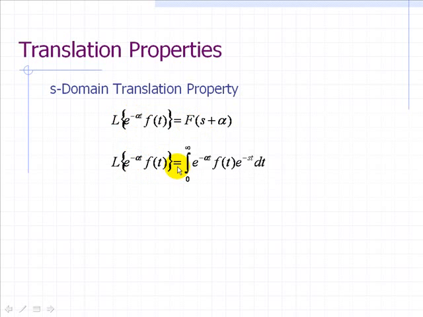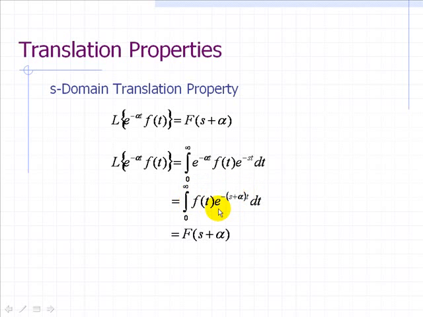So here's our expression. We apply our definition again, from 0 to infinity, e to the minus alpha t, f of t, e to the minus st dt. Combining these exponentials means that we add the exponents, and we see that this is just an expression for the Laplace transform, but instead of s right here, we have s plus alpha.